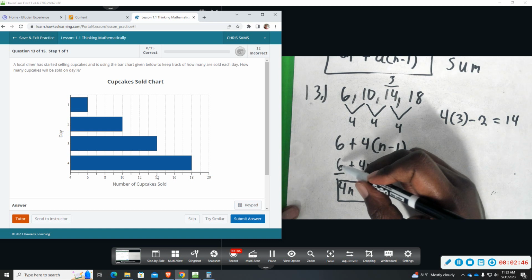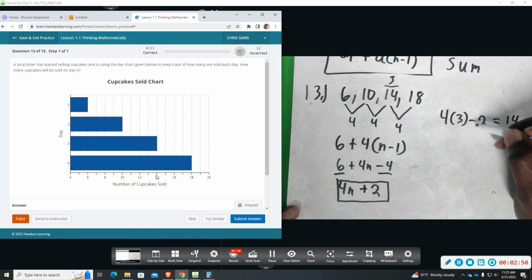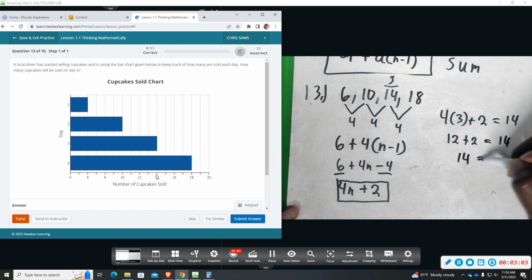That should be a plus 2, sorry. 6 minus 4 is a positive 2, so got to be careful. 4 times 3 is 12, plus 2 equals 14, and that's what I have on the right side, so it checks out.